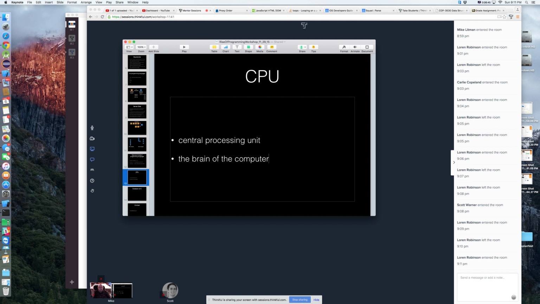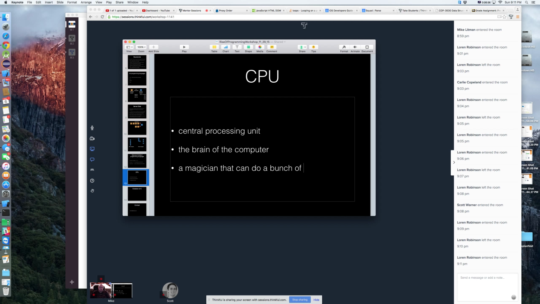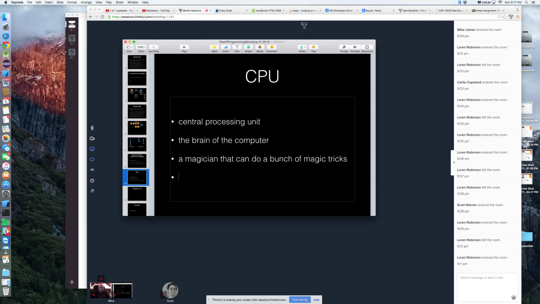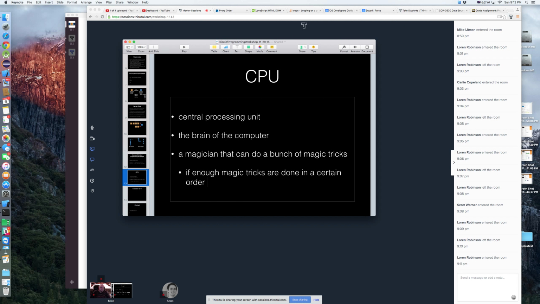All right, so now the CPU itself, I like to think of the CPU as a magician that can do a bunch of magic tricks. And if enough magic tricks are done in a certain order, a real problem can be solved.